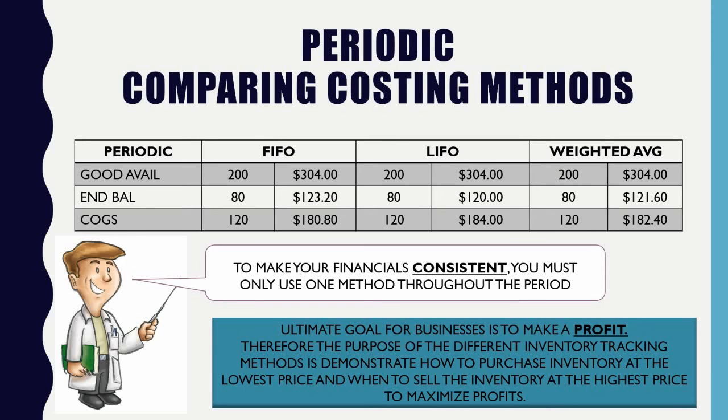Small businesses would most likely prefer the weighted average because, when you're a small business owner, or even a large corporation selling gazillions of items, would it benefit you to have a specific tracking method for each one?